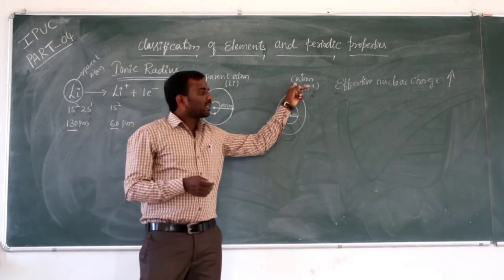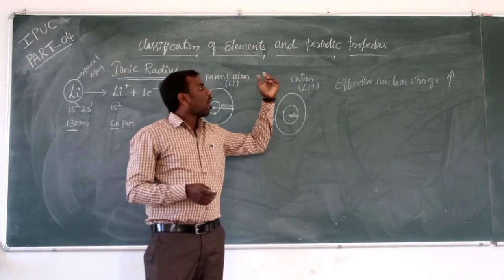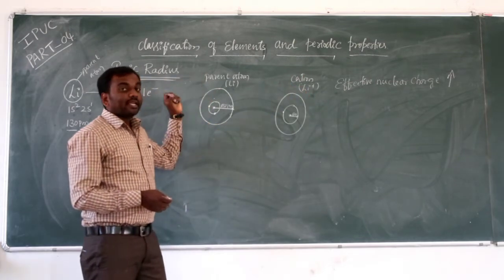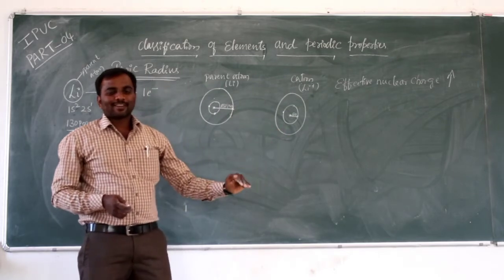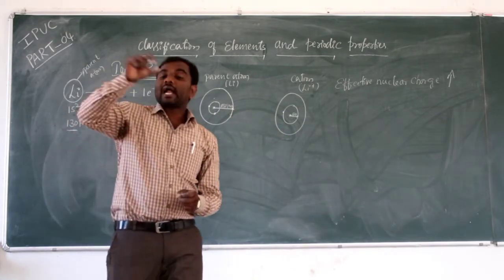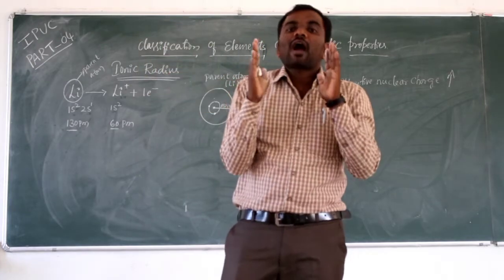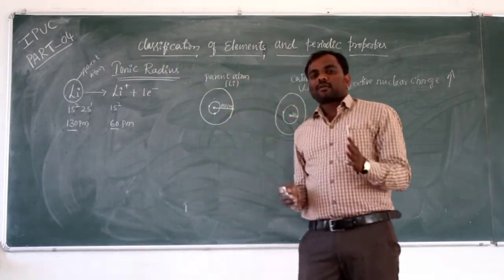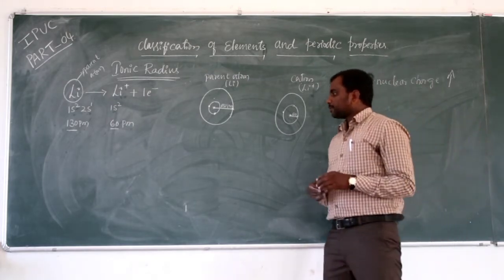But in cation ಅಲ್ಲಿ ಏನಾಗುತ್ತೆ, when effective nuclear charge increases, automatically the ionic radius of the cation decreases. That's why the cation is smaller than the parent atom. That is a very important concept, right?